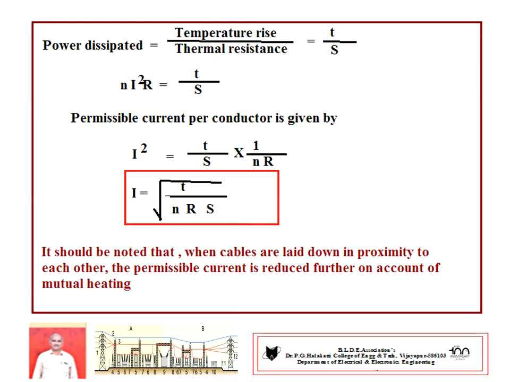Here we get the permissible current value: the permissible current per conductor is given by I equals square root of T divided by N into R into S.